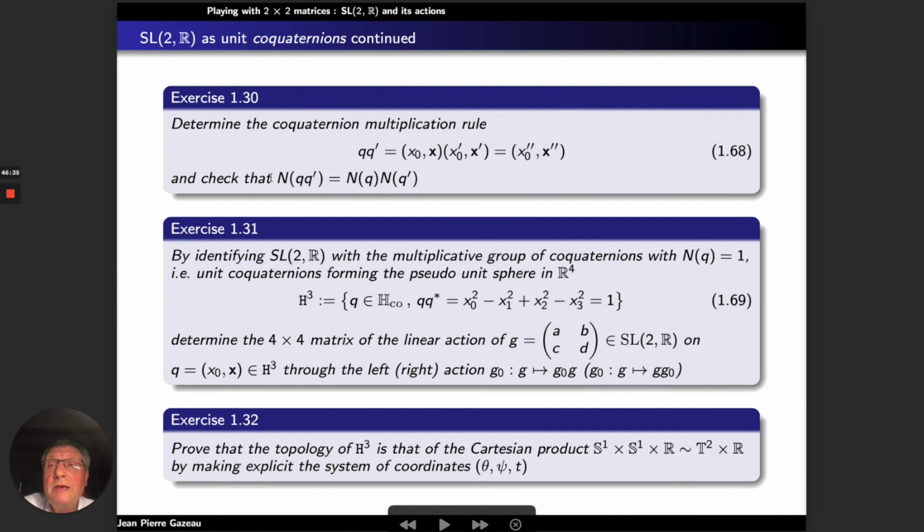So, exercise: determine the co-quaternion multiplication rules in terms of scalar part and vector parts, and check that n of q q prime is equal to the product of n of q and n of q prime.